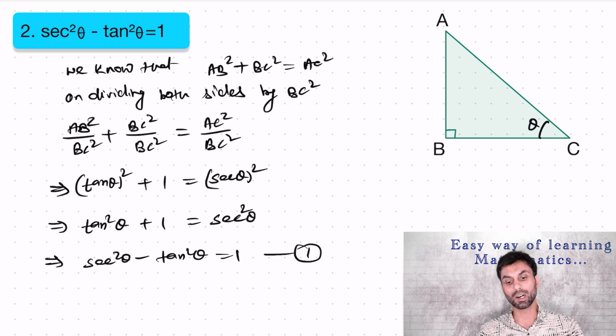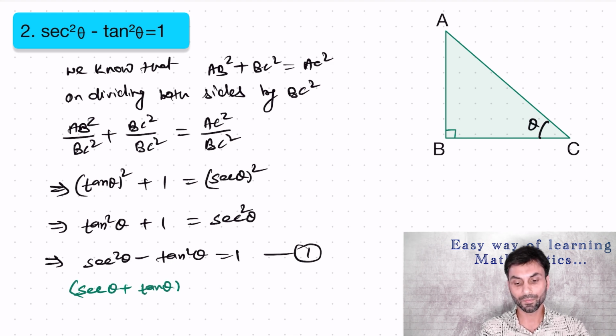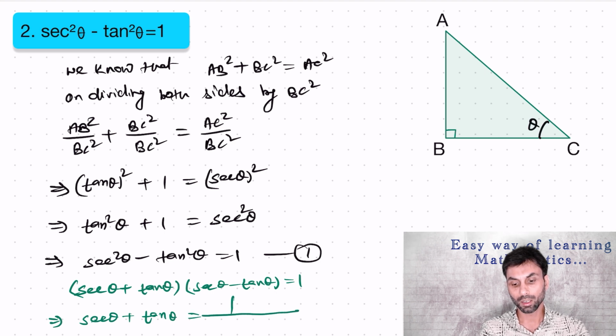Going further, when you talk about the uses of this identity, this is the straightforward form where we'll be using it. Another way, as we can see, is that it is based on the a square minus b square identity, so we can write it as sec theta plus tan theta into sec theta minus tan theta, which is 1. And so we can say that sec theta plus tan theta will be 1 upon sec theta minus tan theta.